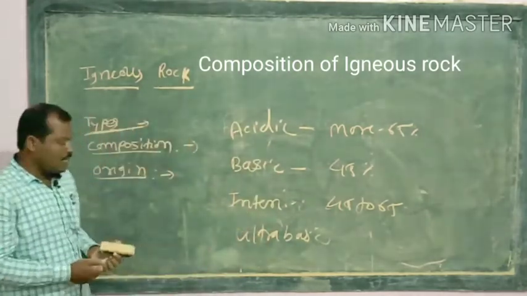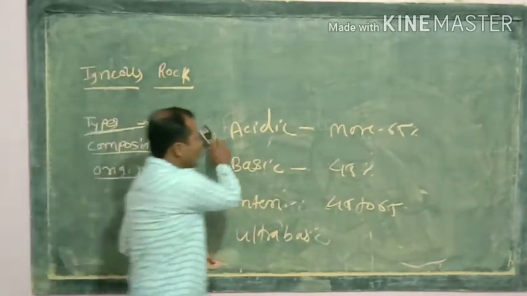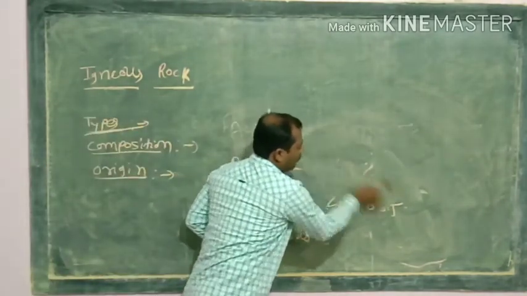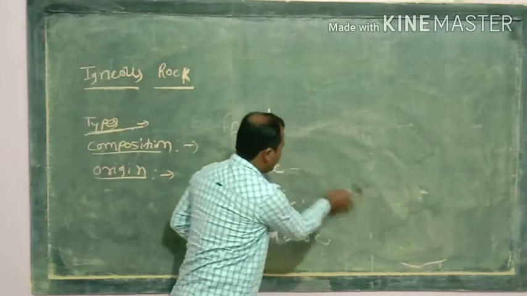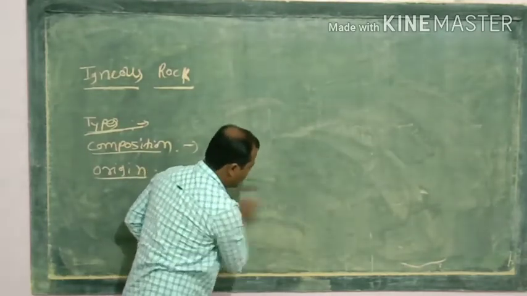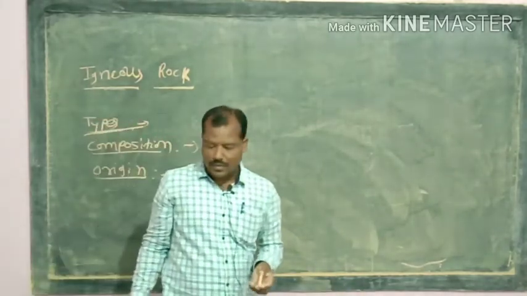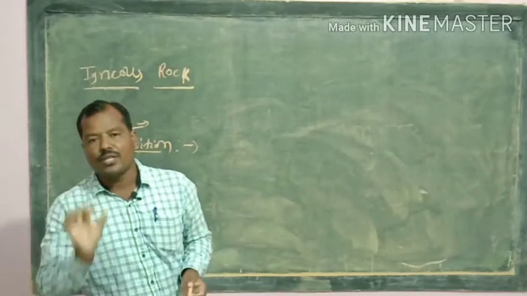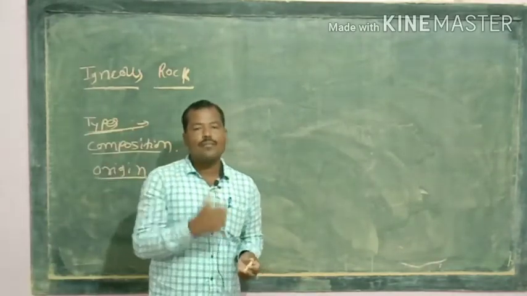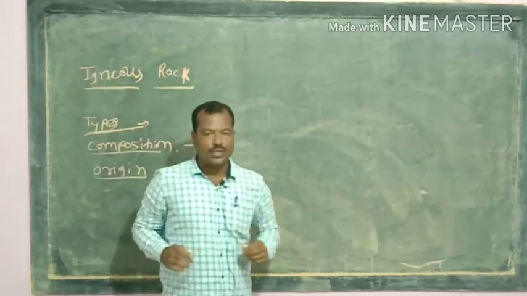Now the next point is the origin of magma. In the origin of magma, we have already seen last year that there are lithospheric plates, that is the earth crust. In the earth crust there are several lithospheric plates. There are 7 major plates while 13 minor plates. All the plates are continuously in motion.